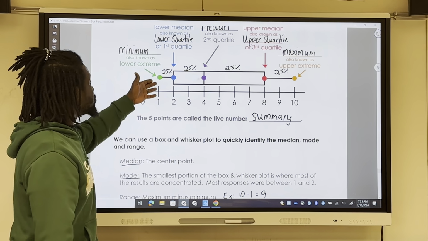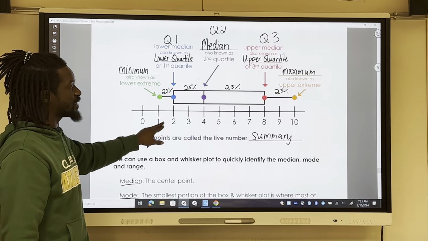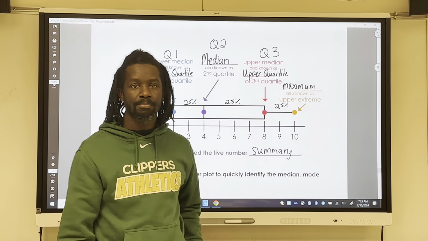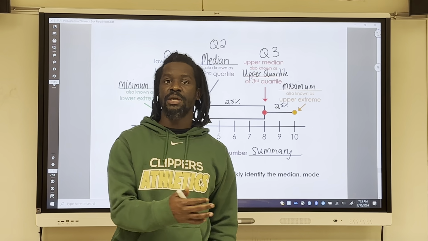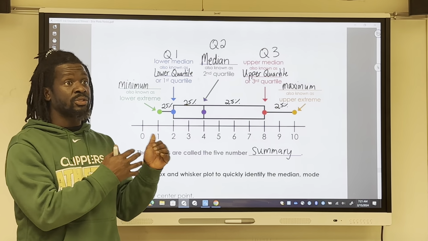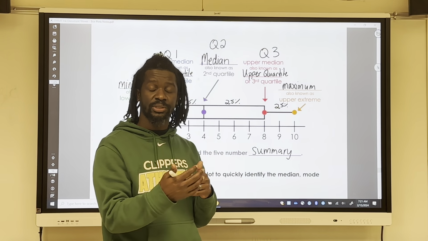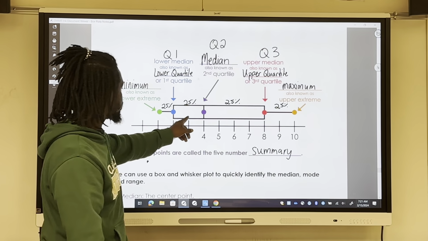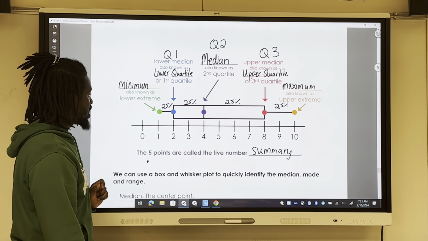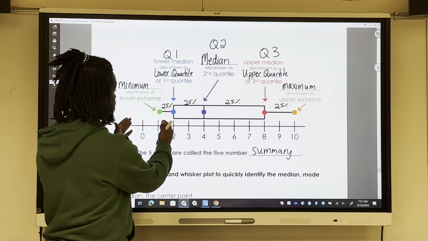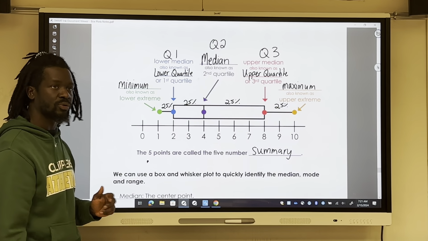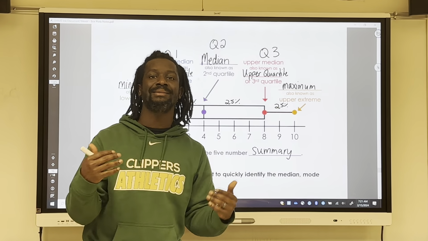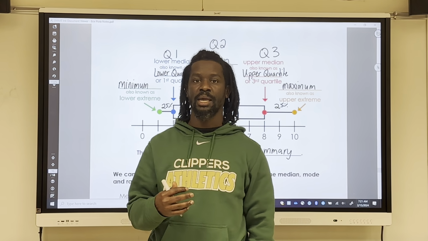Well, I don't know just by looking at my box plot exactly how many numbers there are. Again, I just know that these are the middle points, the quartiles, the minimum and the maximum, but I don't know exactly how many numbers or how many 3s there are, or how many times there's 1 or 2. I don't know that just by looking at the box plot, okay?